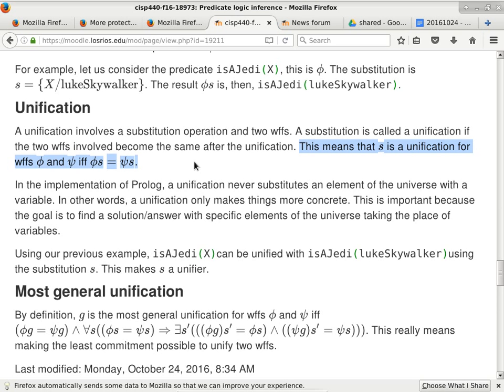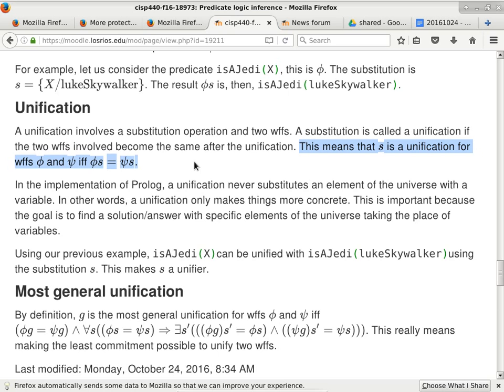S is a substitution, but S is also called a unification for two different well-formed formulae. If you apply the substitution to phi and you apply the same substitution to psi, and if the results of the substitutions are the same, then the substitution S is also known as a unification. A way to make two things that look different the same.